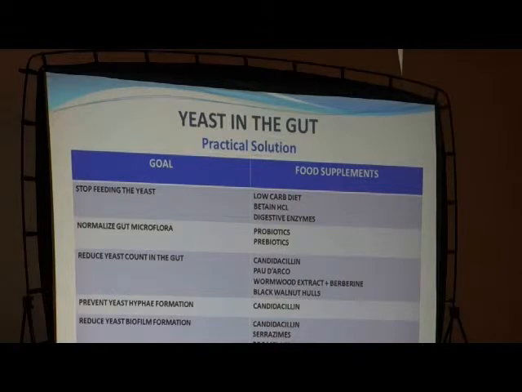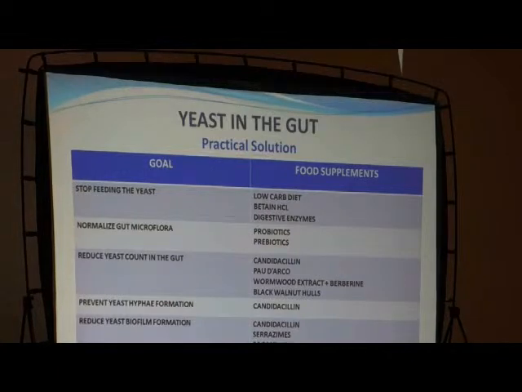So how do we deal with that? So this is our goal, and typically we're using food supplements for that. So first of all, stop feeding the yeast. The yeast thrives on carbs, so the first step is to lower carb concentration in the diet. So we recommend not only gluten-free but a low-carb diet as well.